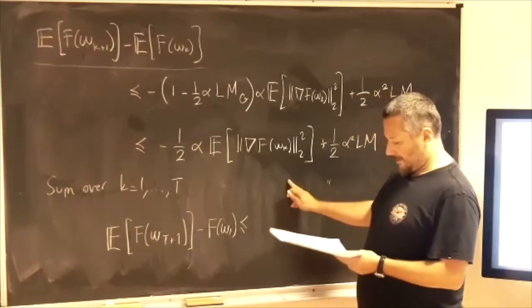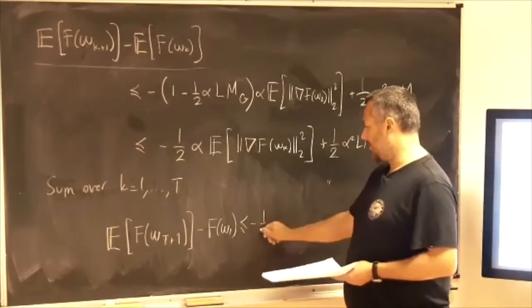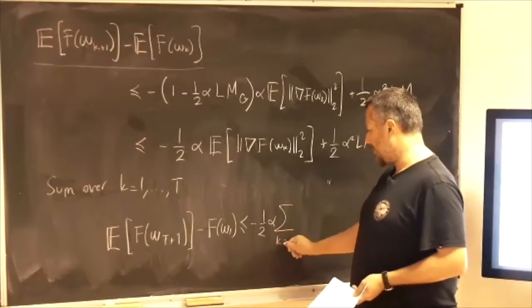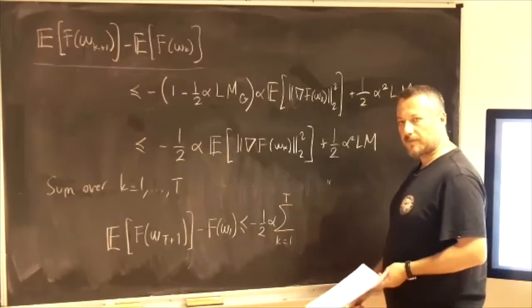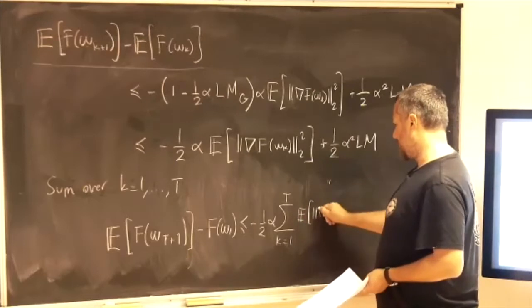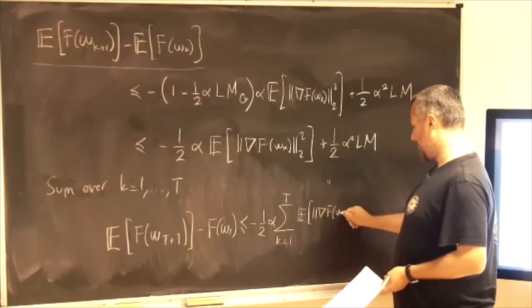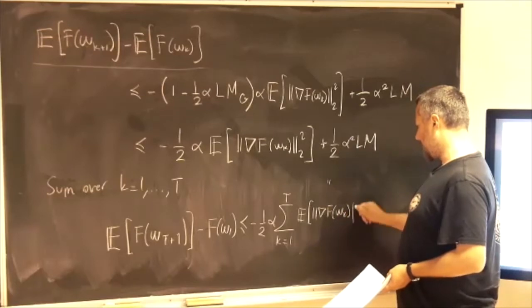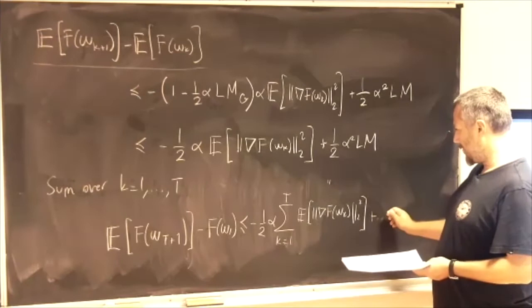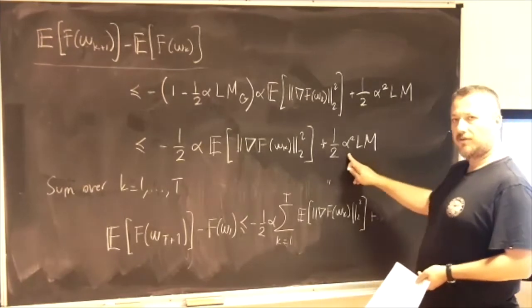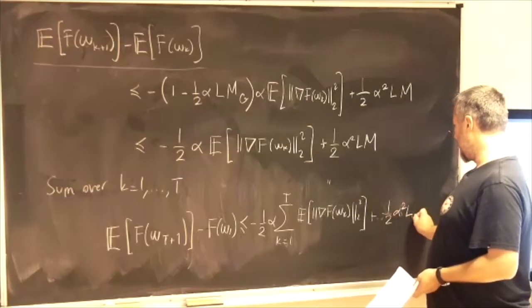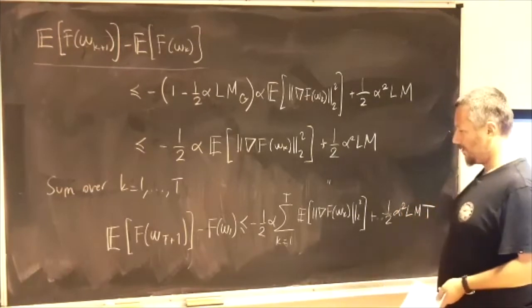And the right hand side turns into negative 1/2 alpha, then the sum k goes from 1 to t of the expected value of the squared norm of the gradient at omega k, exactly what we needed, plus, the sum of this constant term t many times, which is 1/2 alpha squared L times m times t.